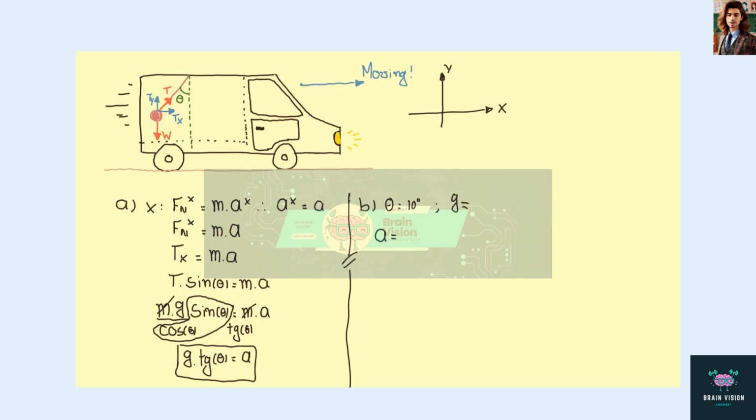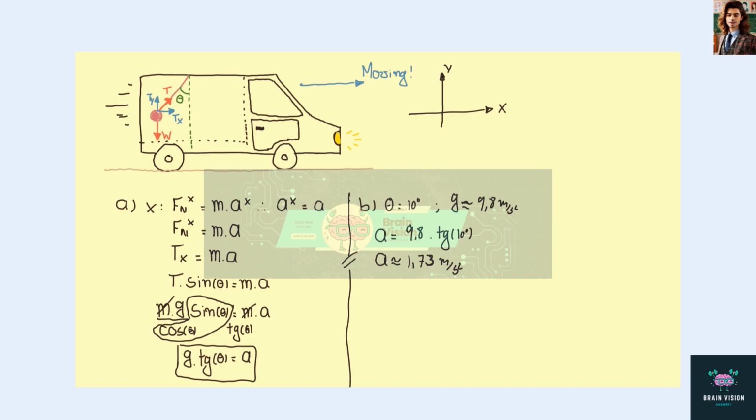Remember that g is approximately 9.8 meters per second squared times the tangent of 10 degrees. This results in an acceleration of approximately 1.73 meters per second squared.